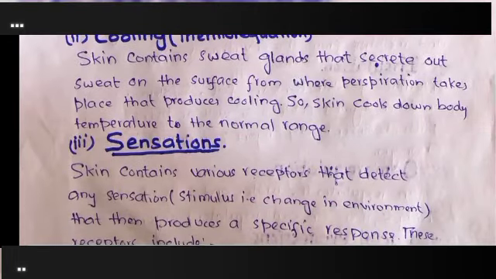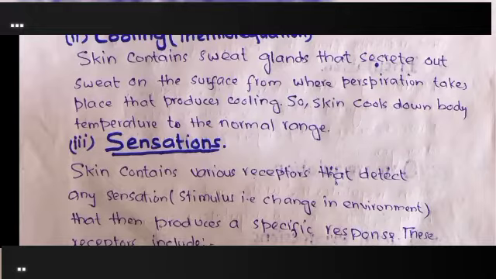Now the next function of skin is sensation. Skin contains various receptors, and receptors are those structures that detect any change in our environment, meaning stimuli detection.